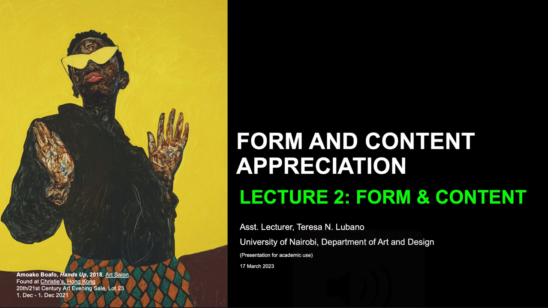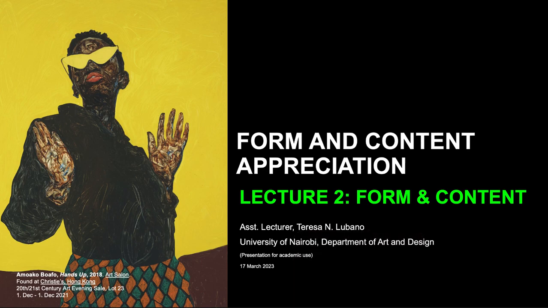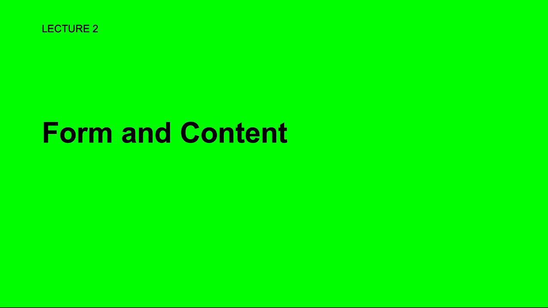So this time round, we will be speaking a little bit more about form and content, and specifically, we're going a little bit deeper into what form and content is all about. The topics for this lecture begin with a summary of components of art.